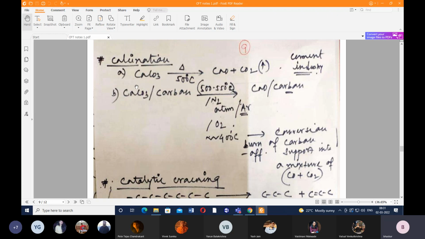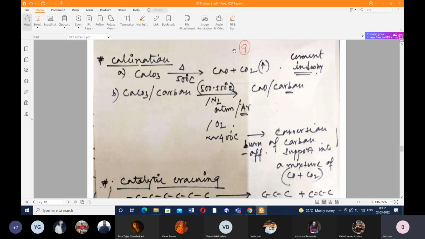So we don't need an inert atmosphere if our material is non-carbonaceous. Suppose I'm handling calcium carbonate and need to convert it into calcium oxide. I will heat the material at around 500 degrees Celsius in oxygen atmosphere to get calcium oxide, and CO2 will evolve out of the system.